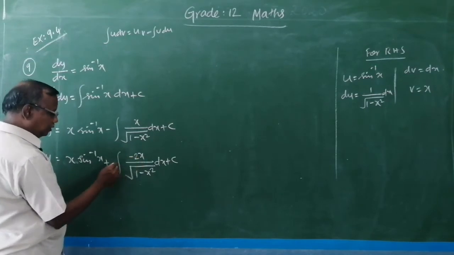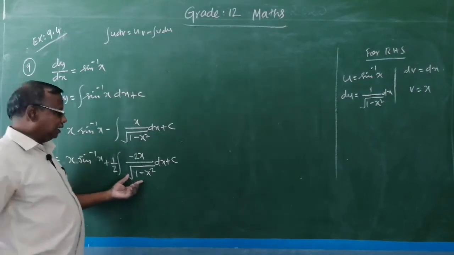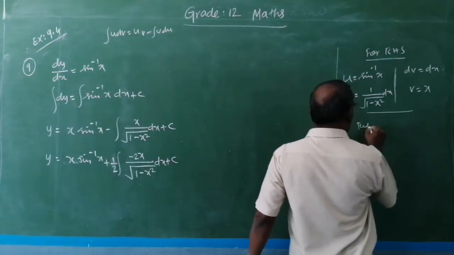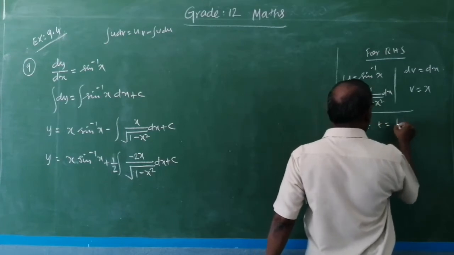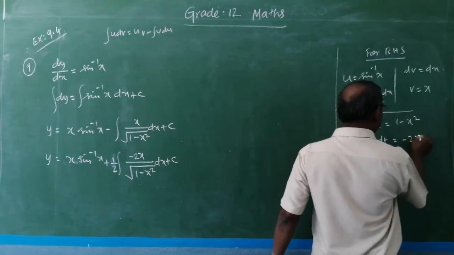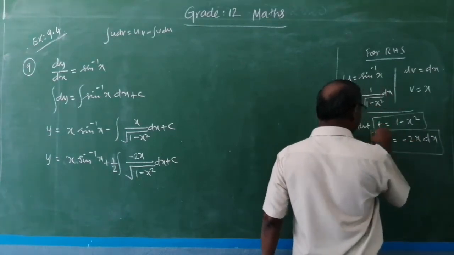So here 2, here also 1 by 2. For our convenience, put t equal to 1 minus x square. So dt equal to minus 2x into dx. So for this purpose only I have done like that.